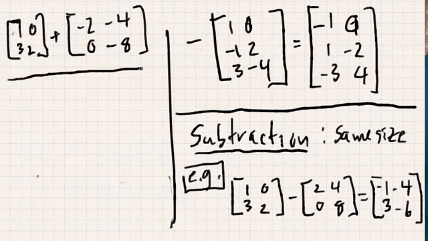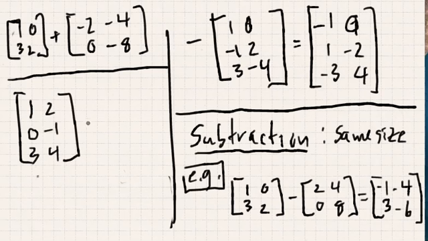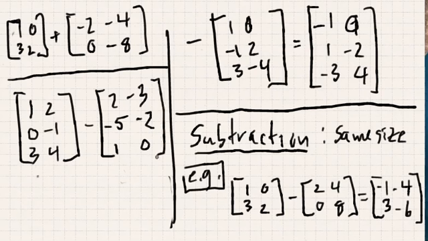This could be useful if you're looking at things like, let's say I've got 1, 2, 0, negative 1, 3, 4. And let's suppose I'm subtracting 2, negative 3, negative 5, negative 2, 1, 0. It could be easy to forget that when I'm subtracting, say, 2 minus negative 3, that is really 2 plus 3.